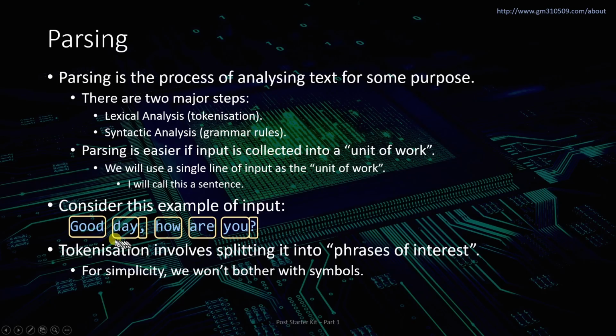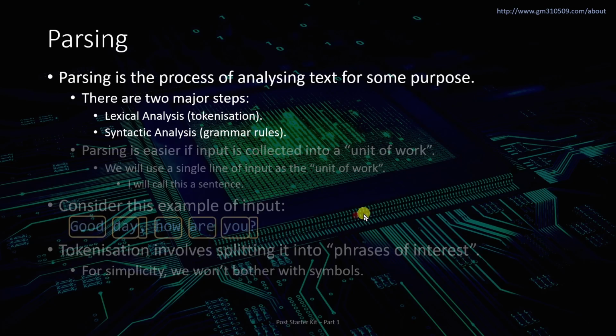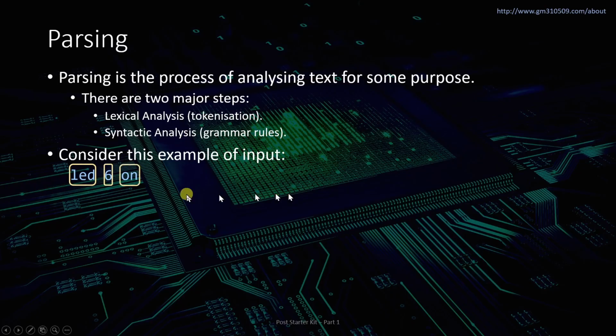Typically you'd want them to be separate symbols or tokens, but I'm going to keep it fairly simple. I'm just going to simplistically look at things that are separated by spaces, which means that day and comma would be one token, and typically you wouldn't want that. So I won't worry about punctuation characters. I just look at words or tokens that are separated by white space.